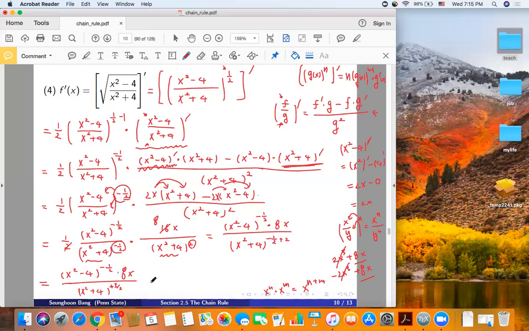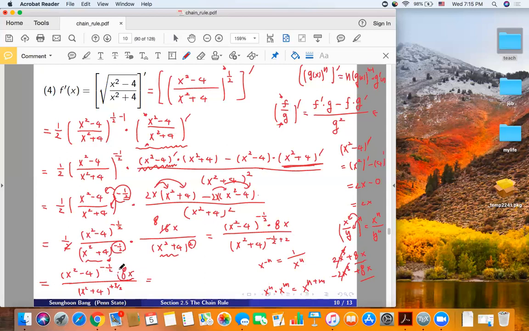The next step is not yet done. You can change the negative exponent minus 1/2 to positive 1/2. Do you know this rule? We have x to the minus n, and you change it to a positive exponent by taking the reciprocal. What does it mean? The numerator goes to the denominator.